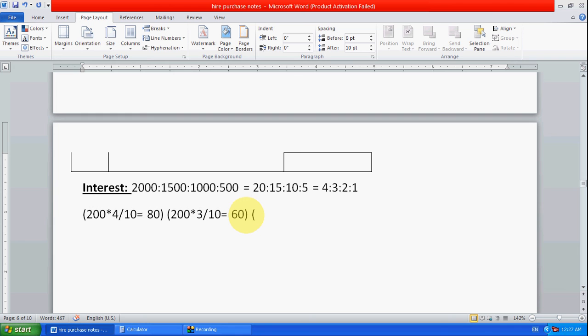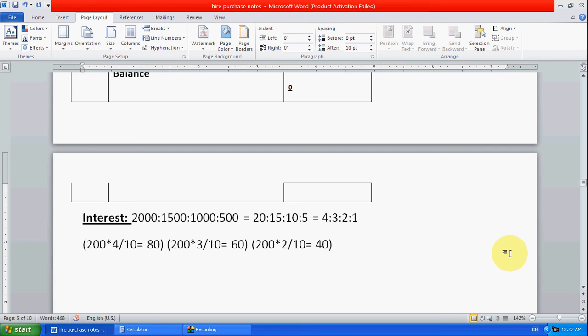Third year interest: 200 into 2 divided by 10. 4 means 80, 2 means half, means 40.